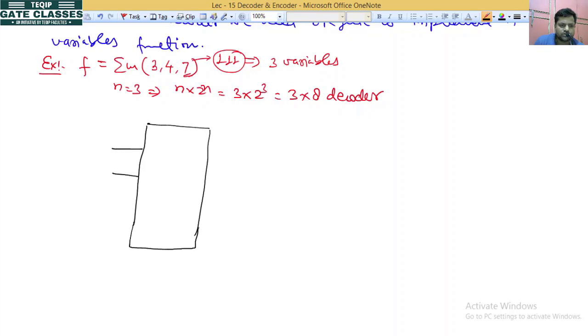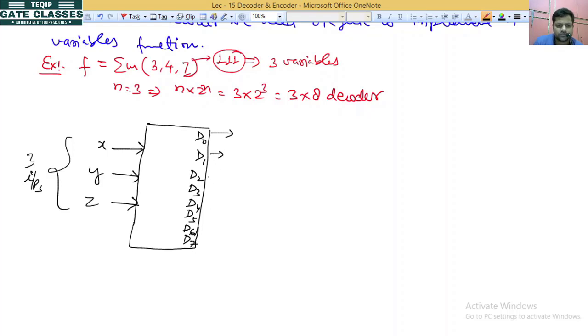We have 3 inputs here, that is x, y, z, and the outputs are D0, D1, D2, D3, D4, D5, D6, D7.